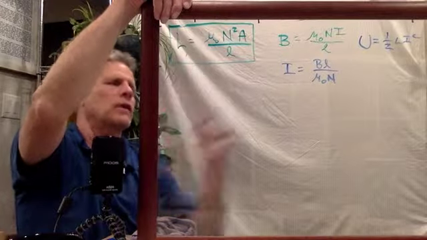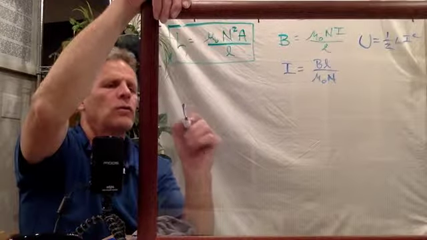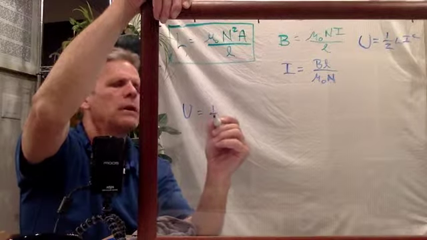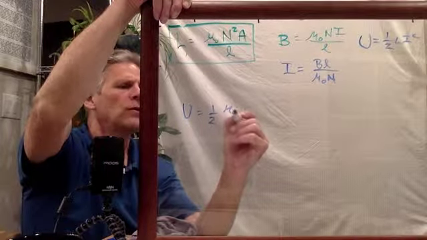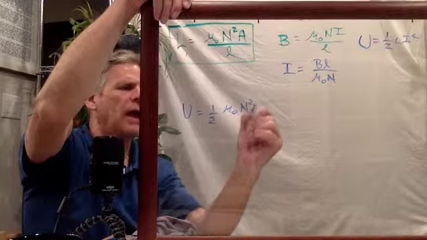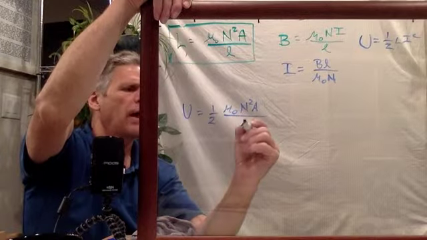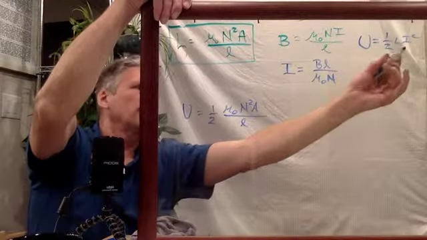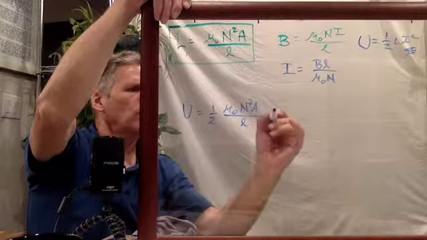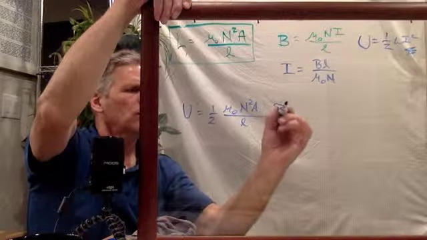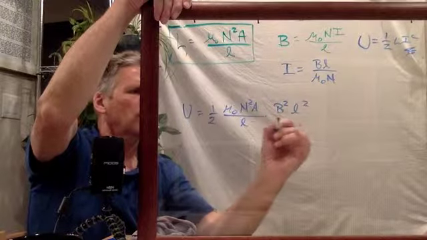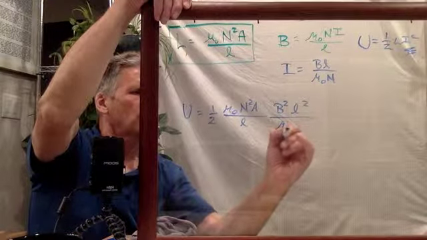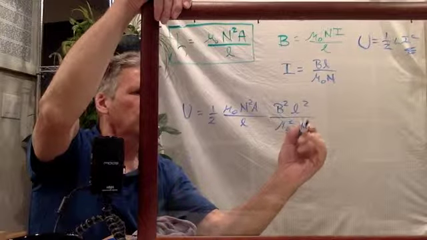So U equals 1/2 mu 0 N squared A over L times I squared, which is B squared L squared over mu 0 squared N squared.